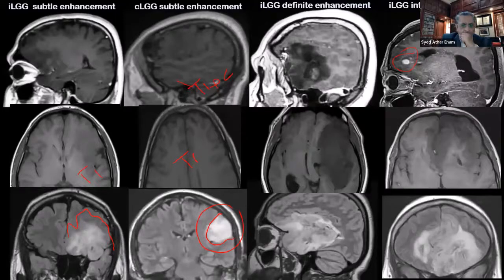So it looks like those which are enhancing have a higher tendency to be a little higher grade compared to those that are not enhancing. So don't assume that low-grade gliomas don't enhance. There will be some low-grade gliomas which will enhance, and the enhancement pattern can be subtle to definite to intense, and just an enhancement does not mean that it is a GBM.